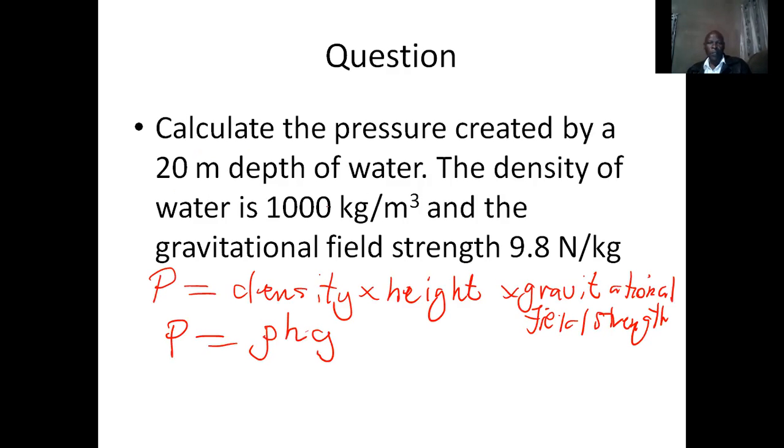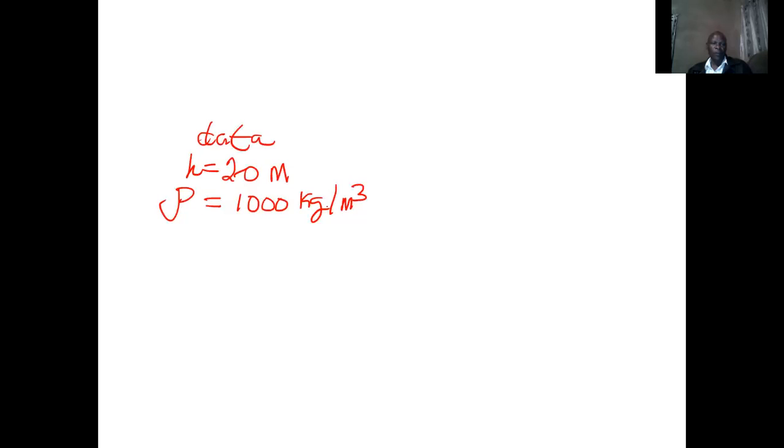And we are given that the gravitational field strength is equal to 9.8 newtons per kg. That is on Earth. And so we are told to calculate the pressure.